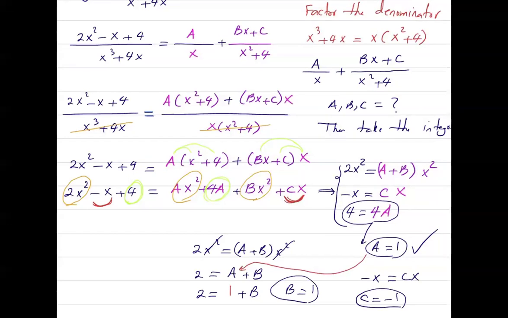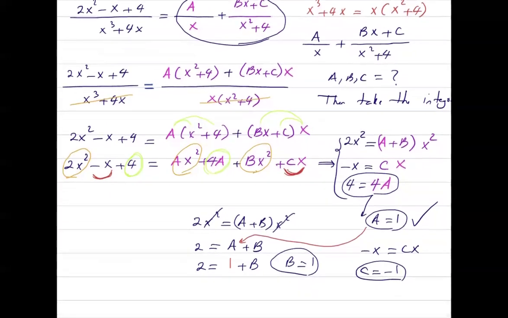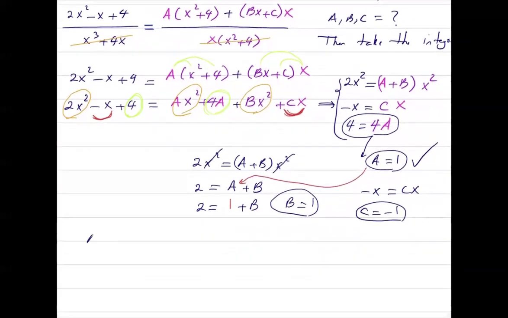Perfect. I found all the missing pieces. I need to go back to this equation, substitute everything, and then take the integral. Okay, let us do that. I have A over x plus (Bx plus C) divided by (x squared plus 4). Now I'm going to take the integral with respect to x, but what is my A?